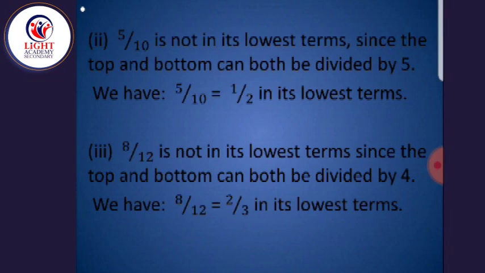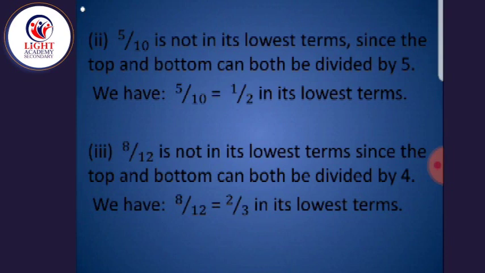We are going to proceed and look at Roman 2, which is 5 out of 10. In this fraction, 5 out of 10 is not in its lowest terms, since the top and the bottom can both be divided by 5, and also since 5 and 10 have a common factor other than 1, which is 5. So we simultaneously divide the numerator by 5 and the denominator by 5. This will then simplify to a half, which is in its lowest terms.